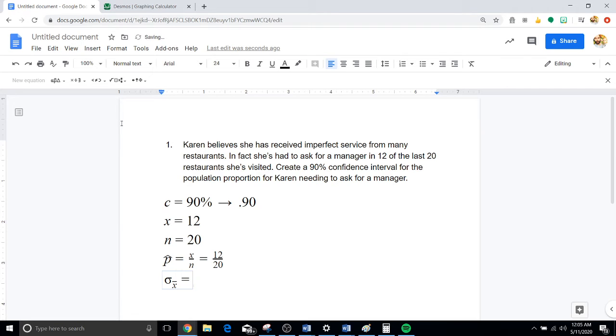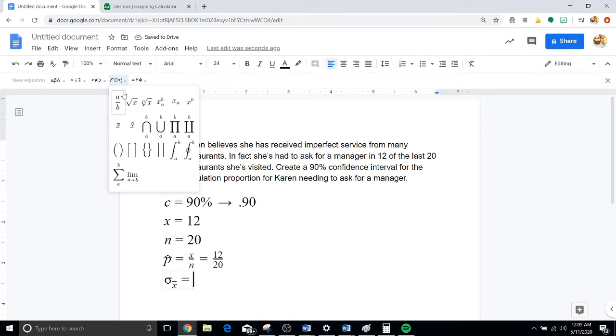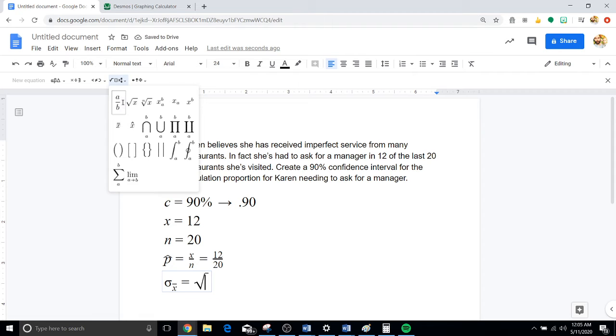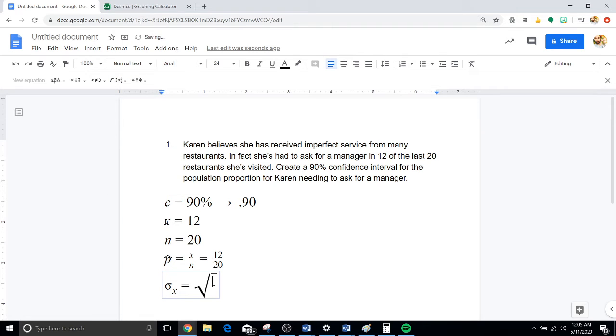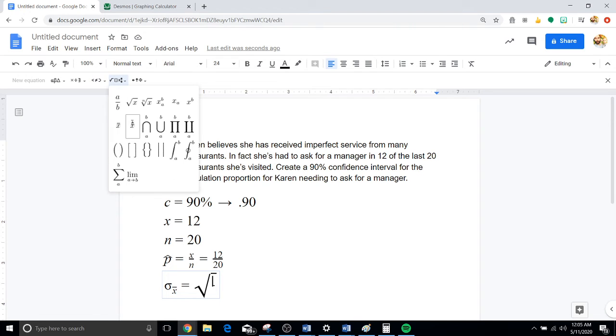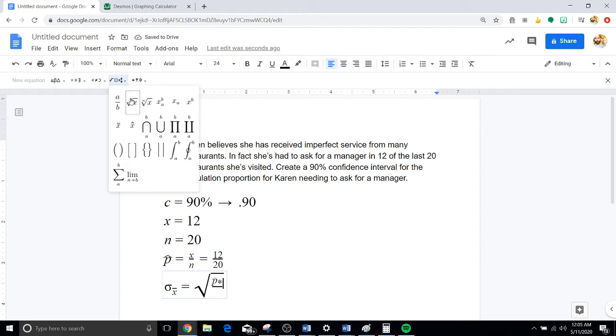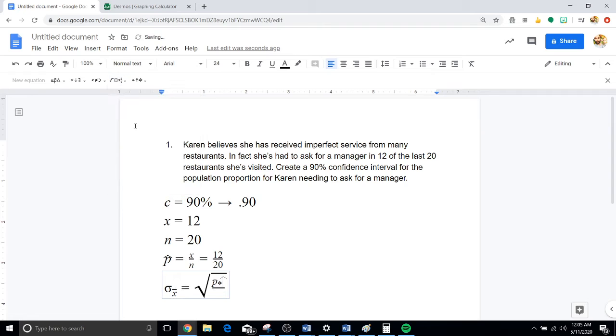And that is going to be equal to, and this is kind of a strange one, it's kind of big, the root of p hat times q hat all over n.